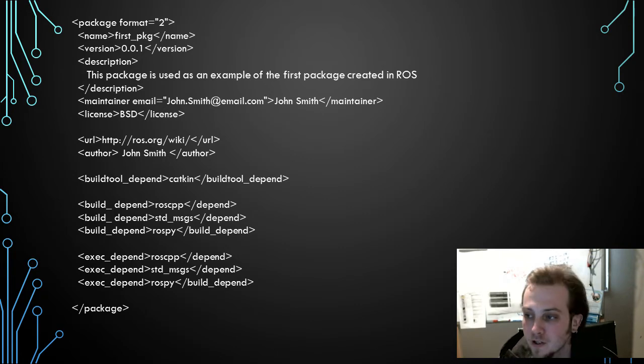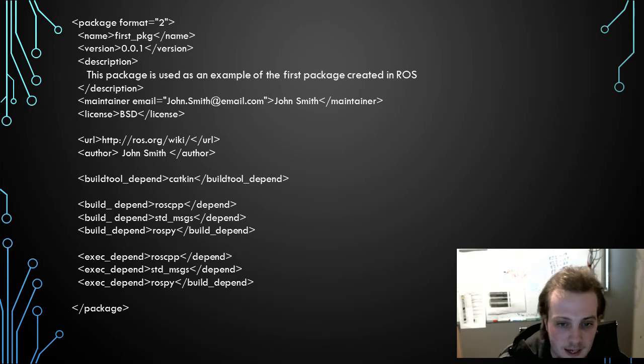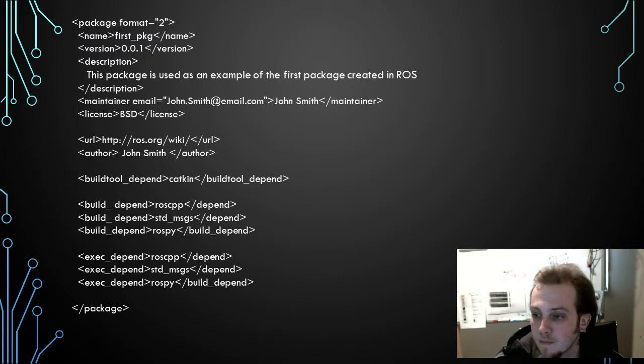creating the package. So remember, when we created the package, we added those 3 dependencies as part of the arguments. So this means that basically to build this package we require these 3 packages, and to run this package, we require these three packages, which are the ROS C++, the standard messages, and ROS Python.